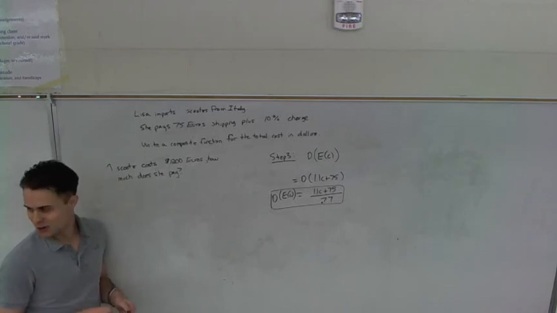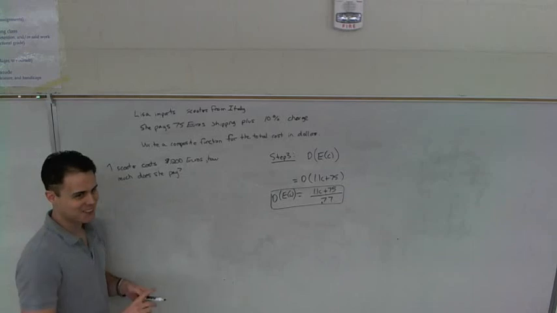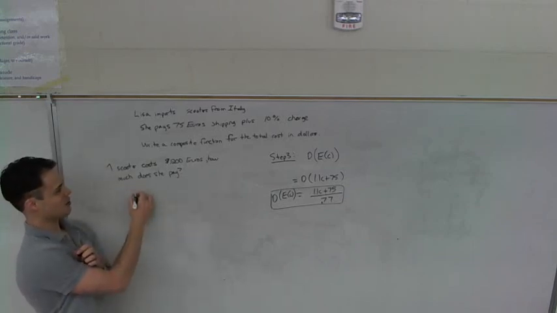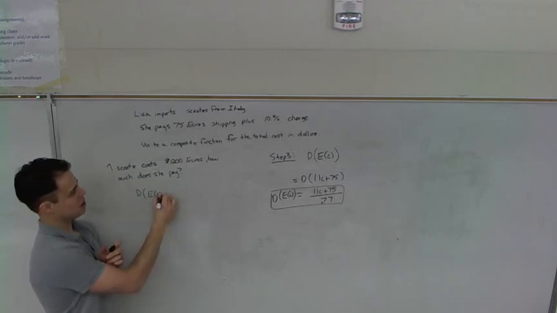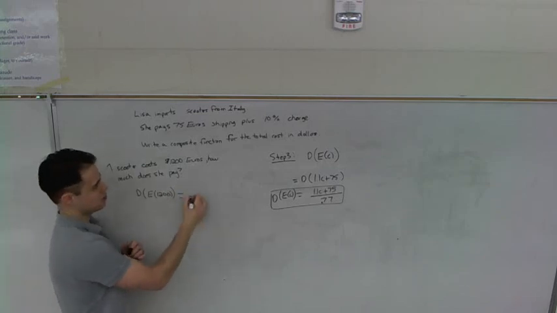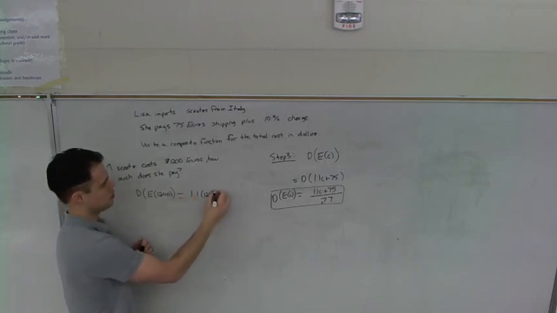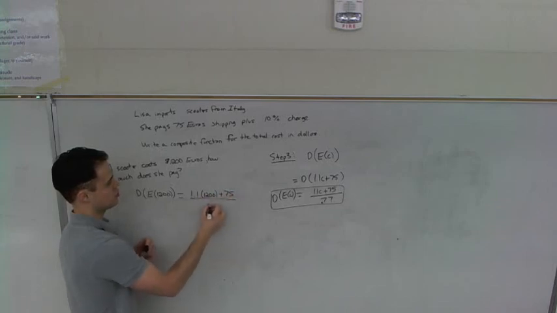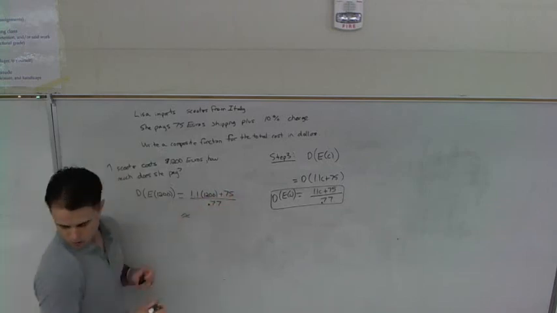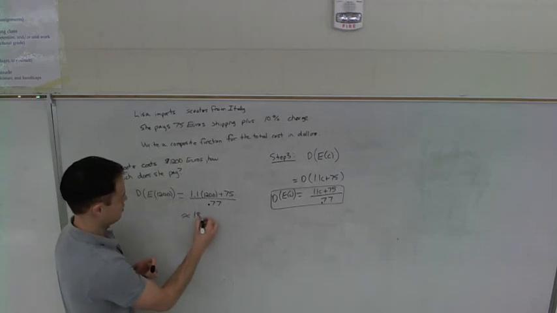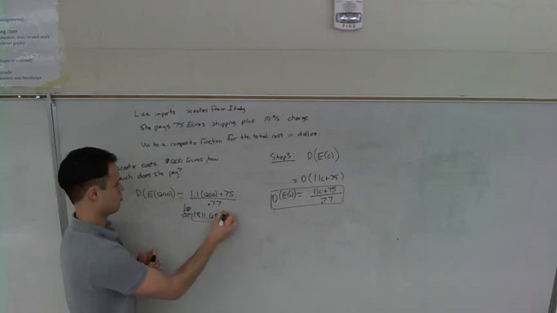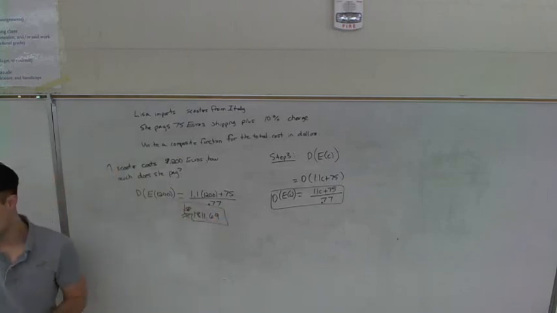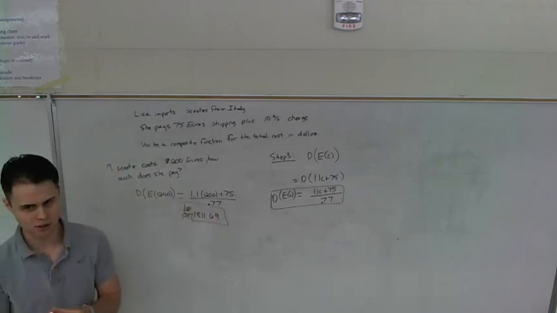It's not like a Razor scooter. So this is D of E of 1200, so I'm just going to put it in. So 1.1 times 1200 plus 75, divided by 0.77. Let's see. So she has to pay about $1,800 for her scooter. Paul says that's not a good deal.